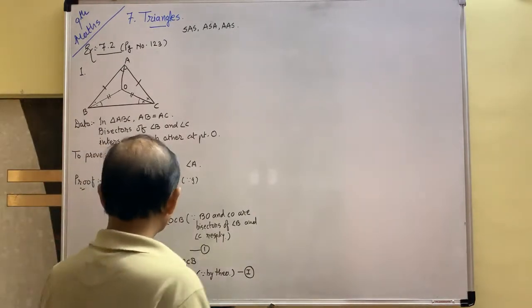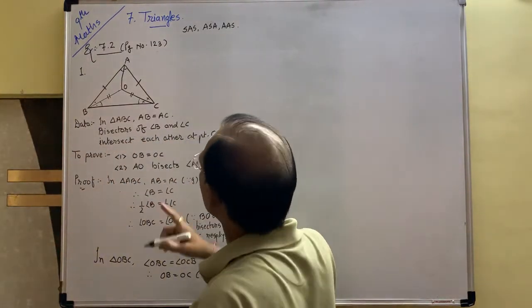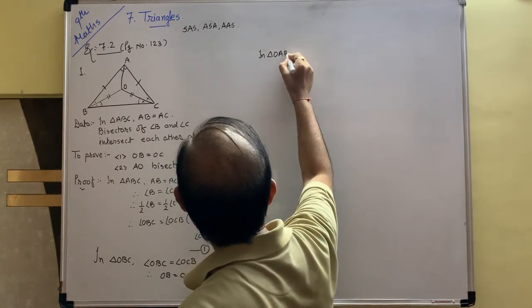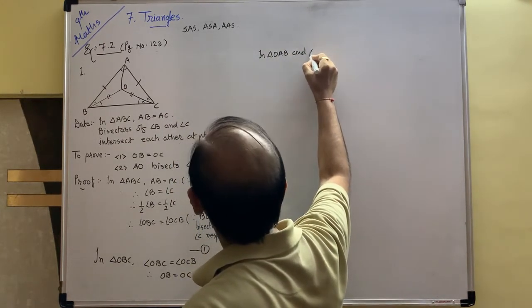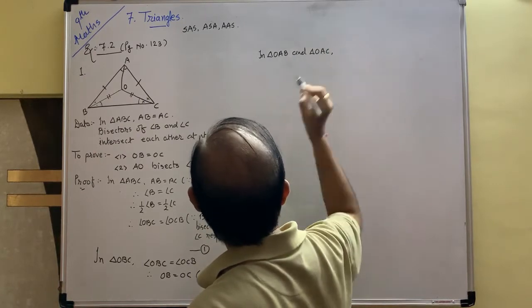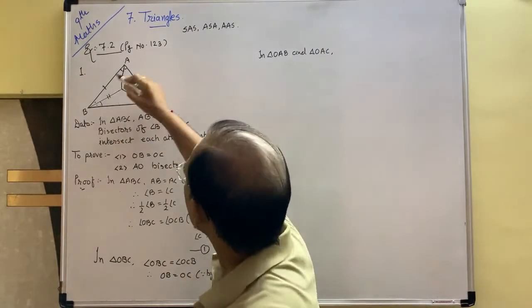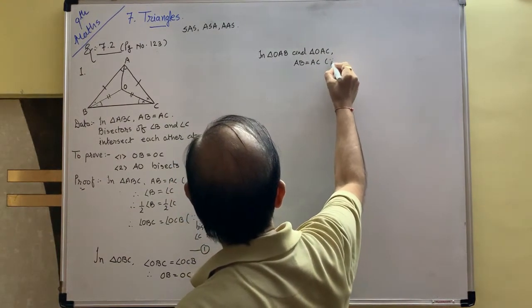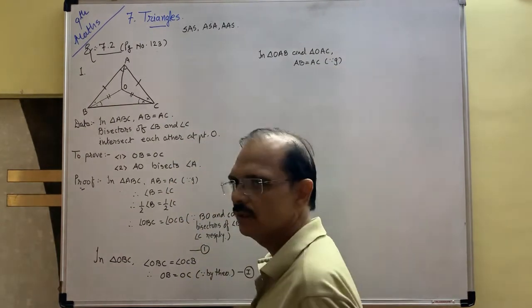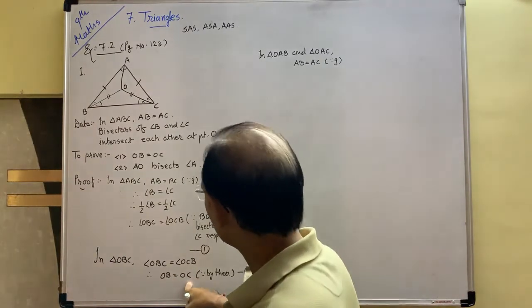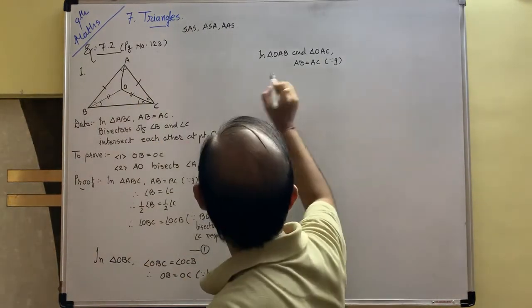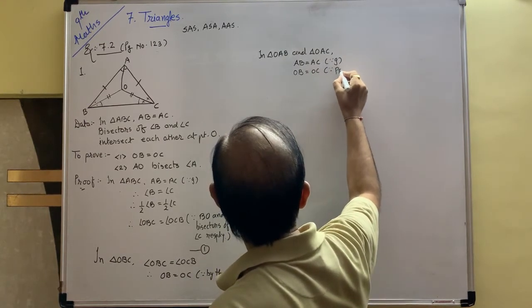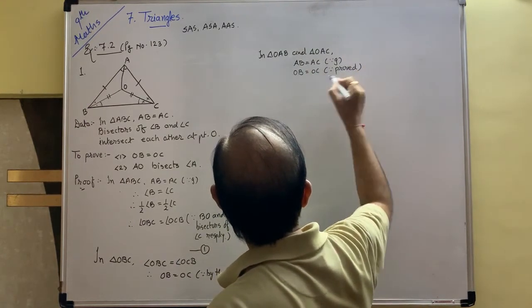In triangle OAB and triangle OAC, AB equals AC, given. Two sides are equal. In the first part we proved that OB equals OC.